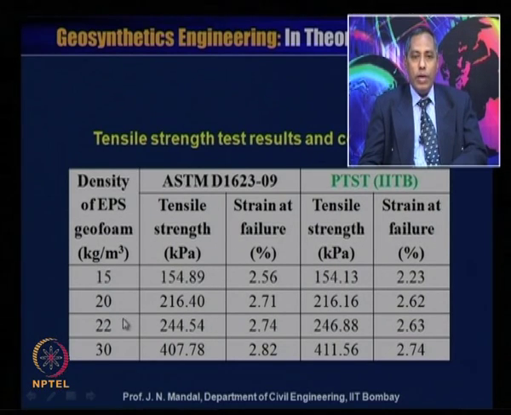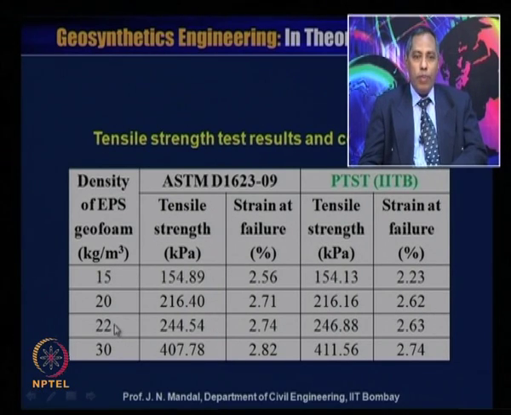So, the density of the EPS geofoam is 20 kg per meter cube. The tensile strength is 216.40 kilopascal. The strain at failure is 2.71%. And the proposed tensile strength at IITB is 216.16 kilopascal and strain at failure 2.62%.